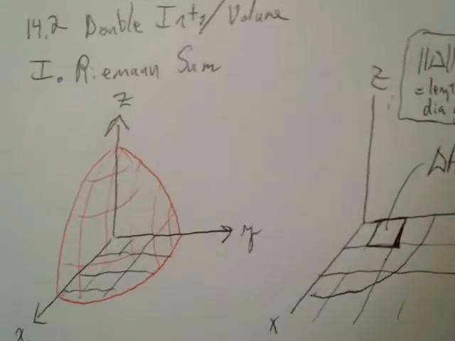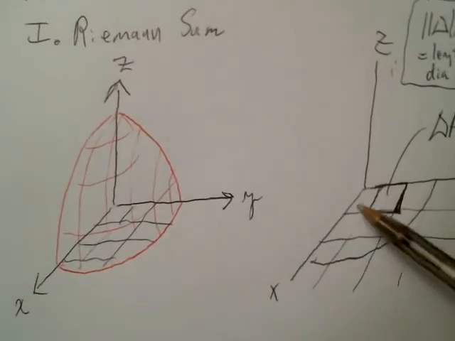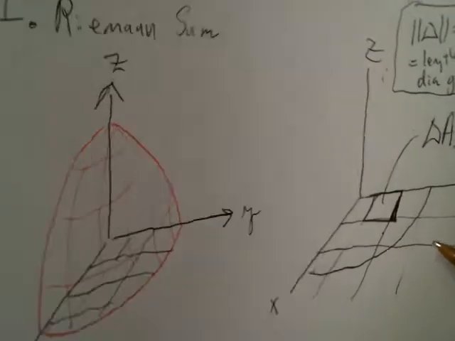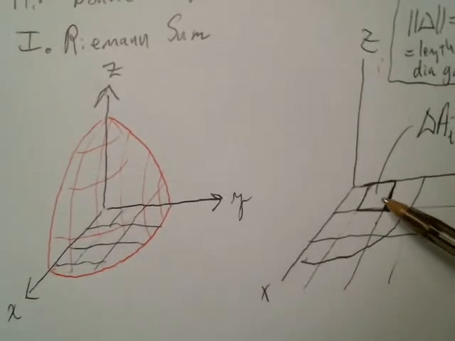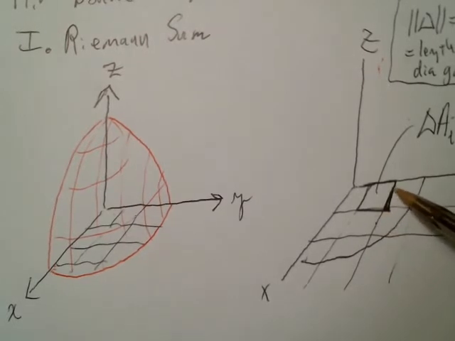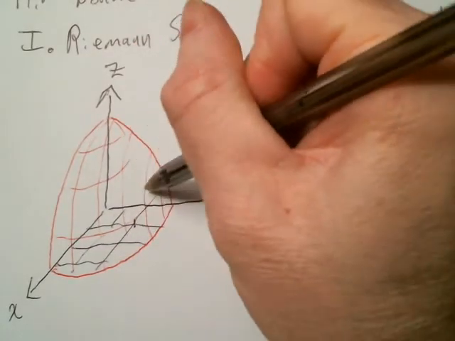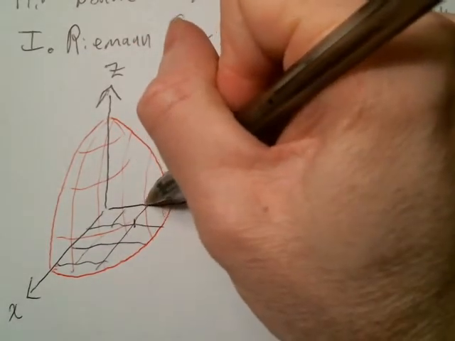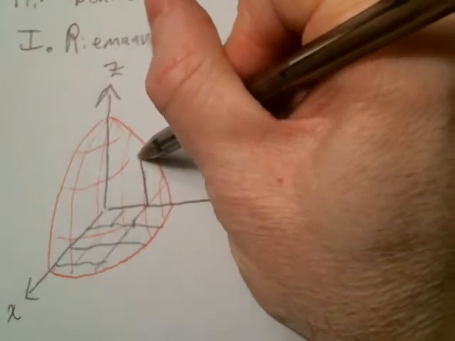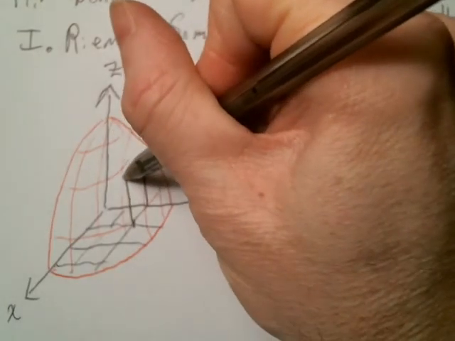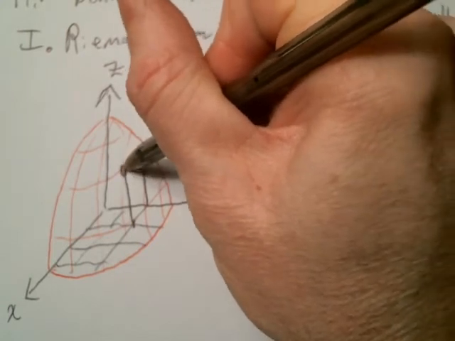So what is the Riemann man doing in this problem? Well, he's going through all these rectangles, and he's figuring out a volume associated with each rectangle. So for instance, this particular rectangle here would have a volume associated with it. If I went over to this graph here, maybe it would go up to about right here, and it would touch the surface there.